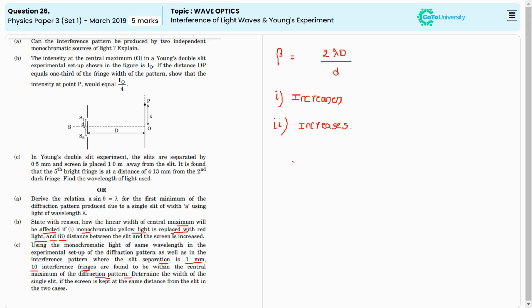Then we have 10 lambda D divided by d is equal to 2 lambda D divided by a, where a is the width, so a is equal to d divided by 5. That means we get 0.2 mm. The width of the single slit is equal to 0.2 mm.